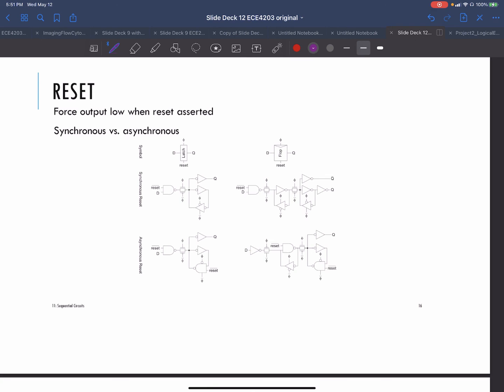And if you do not have a reset, even your clock may be off because your chip's not working properly. So I think it's very important to have a reset. And I would suggest strongly to make it asynchronous, because a synchronous reset relies on your clock circuit working.